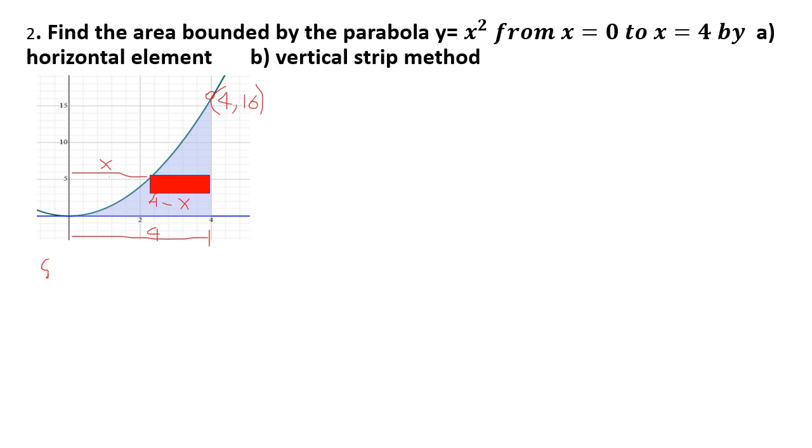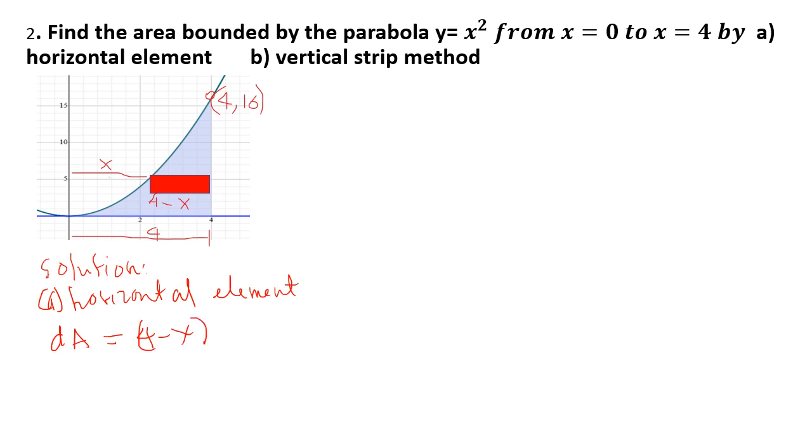So solution, first, horizontal element. So we have that one, dA from the figure, dA equals (4 minus x) times dy, where x equals square root of y.